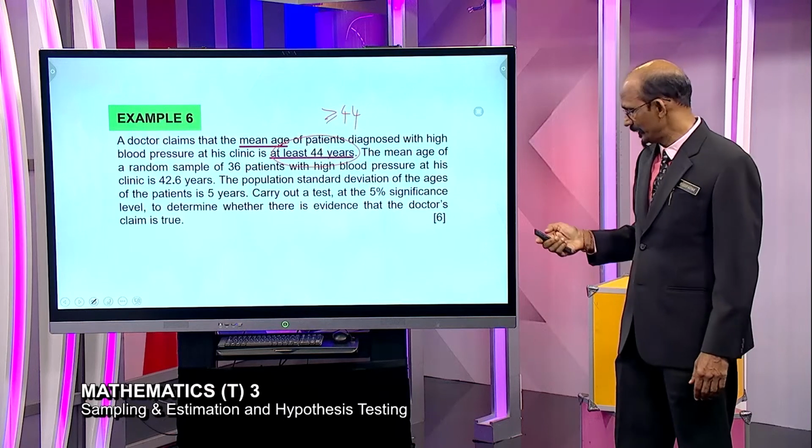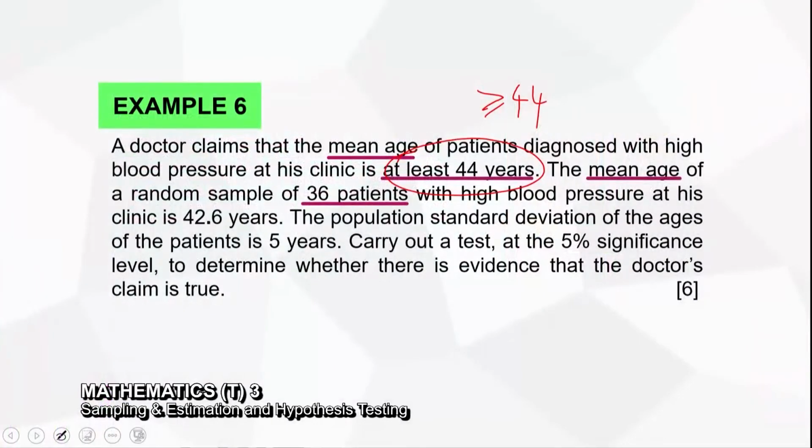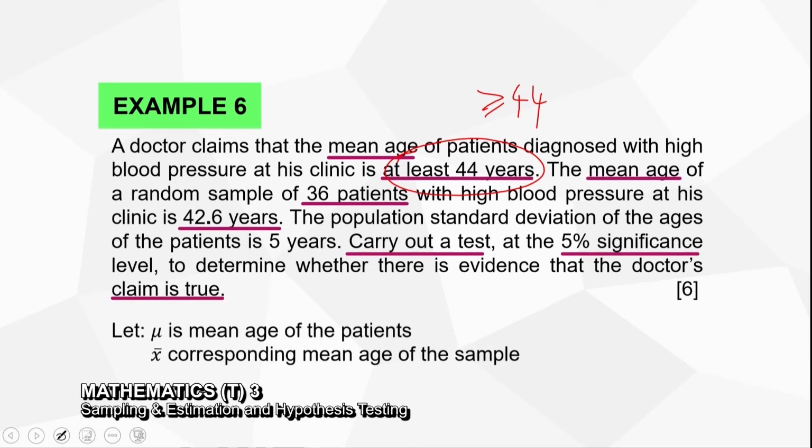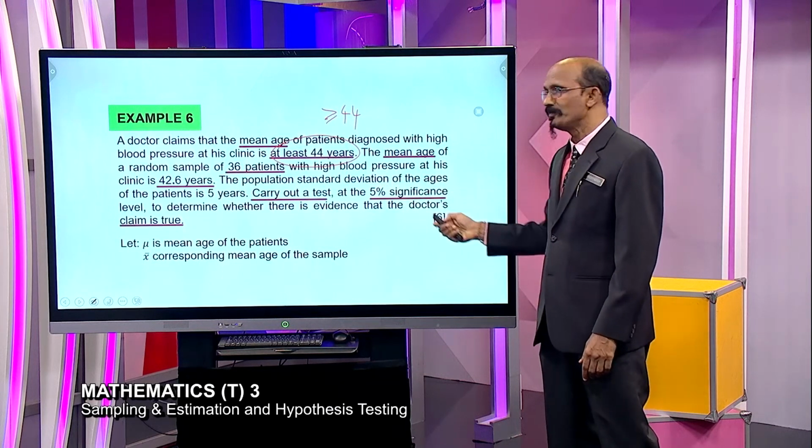Then the mean age of a random sample of 36 patients is 42.6, and they give you the standard deviation. They say carry out a test, which means you know this is hypothesis testing, at 5% significant level to determine whether there is evidence that the doctor's claim is true. You want to test whether the doctor's claim is true. So we let mu be the mean age.